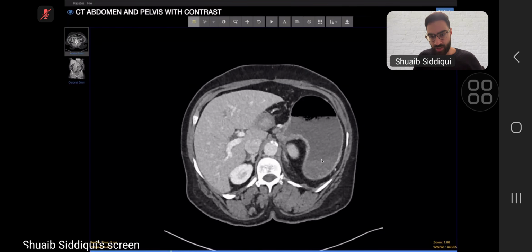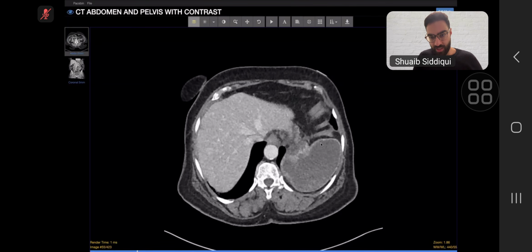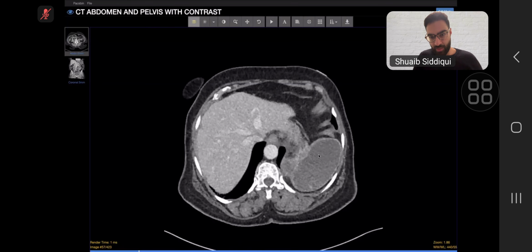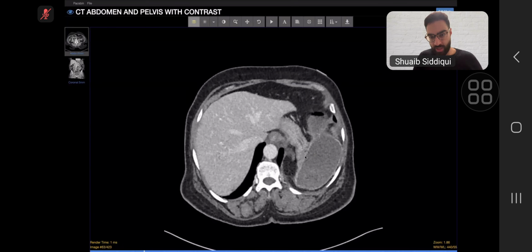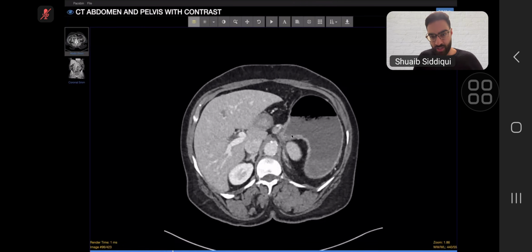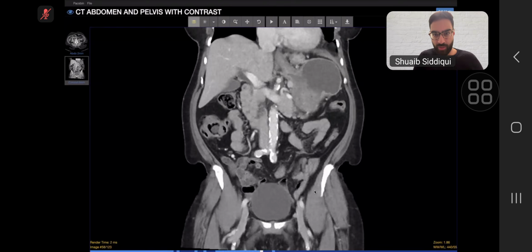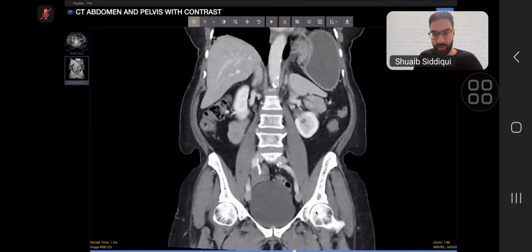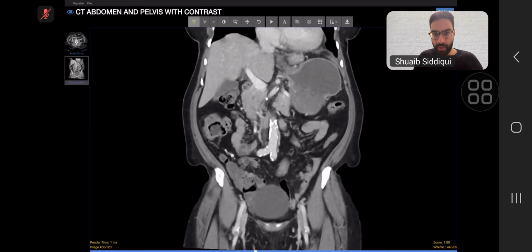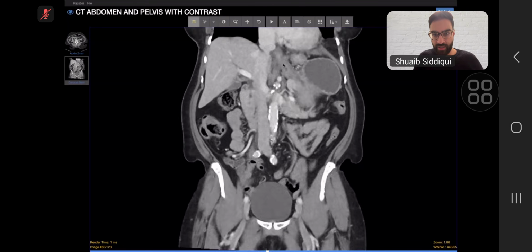So the antrum is actually here. This is the stomach antrum, the pylorus, isn't it? So it's above the GOJ, which is here. And you can probably see that in coronal if you prefer. Some people like to look at this in coronal, that's fine. So GOJ here, yeah.